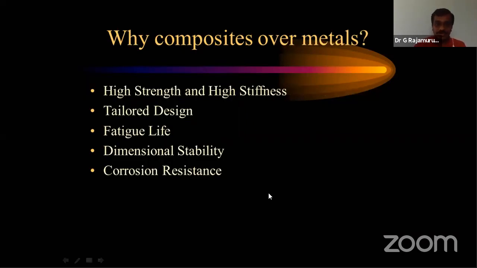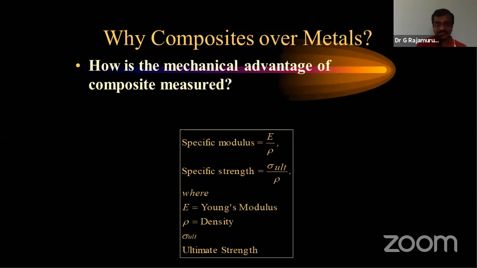So just now I told you that these are all the properties on which we should focus in a composite material over normal engineering metal, right? So how can I focus on those properties in a composite material, based upon the specific modulus and the specific strength? I know specific modulus and specific strength can give very good mechanical property of a composite material.